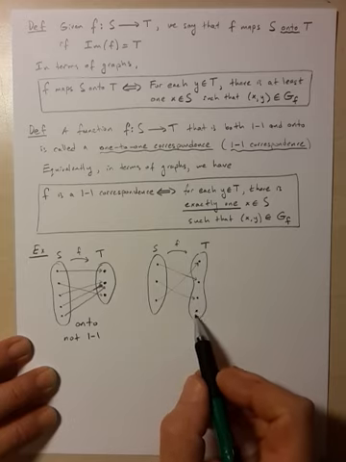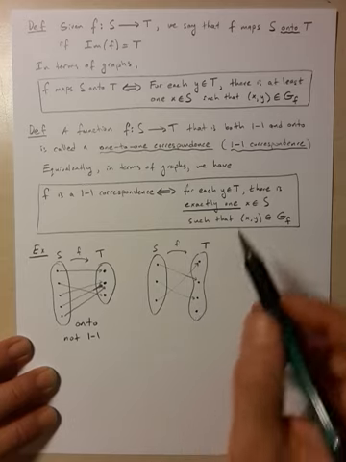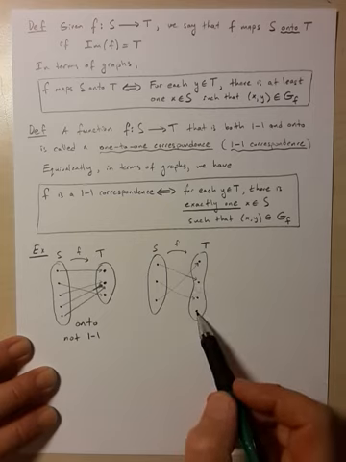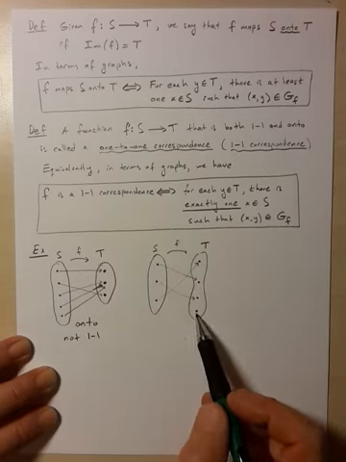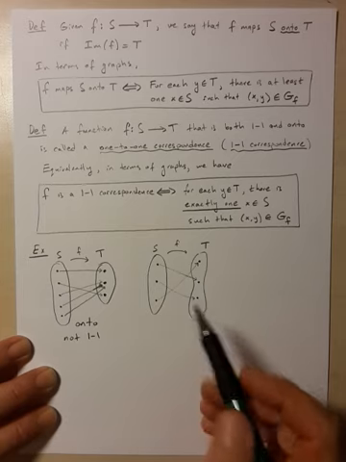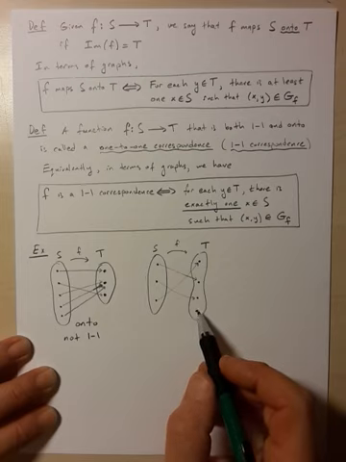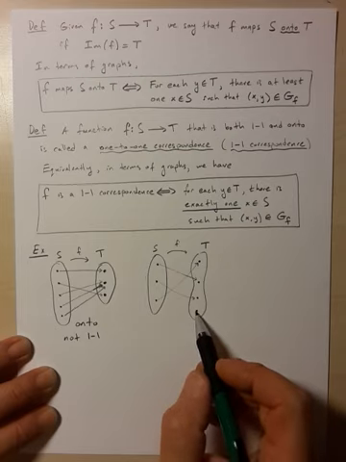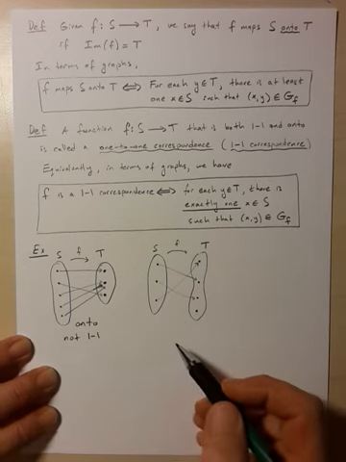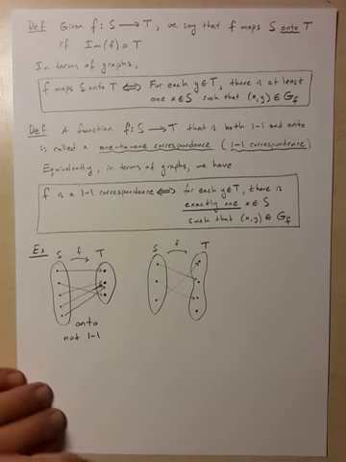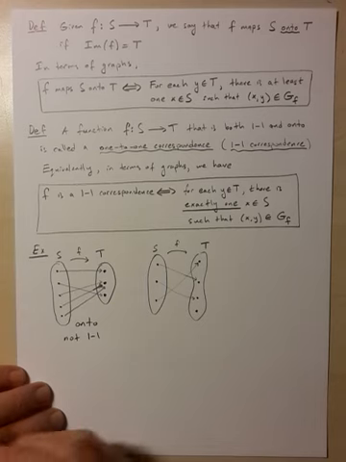Because for this element, if you choose your y to be this, there is no x in S such that its image is that element y. So basically, if you can see, there are some elements which are not the images of a point from the domain, right? That function is not onto, but this function is one-to-one.